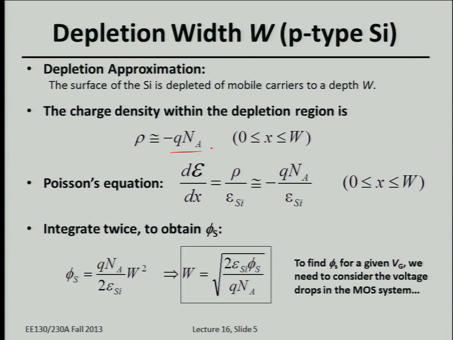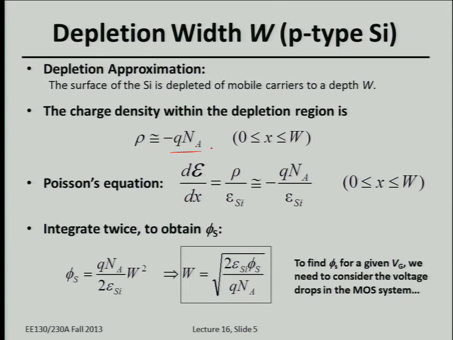And we can integrate twice to obtain the electric potential, like the voltage drop. The total voltage drop in the silicon is just defined to be phi sub s.